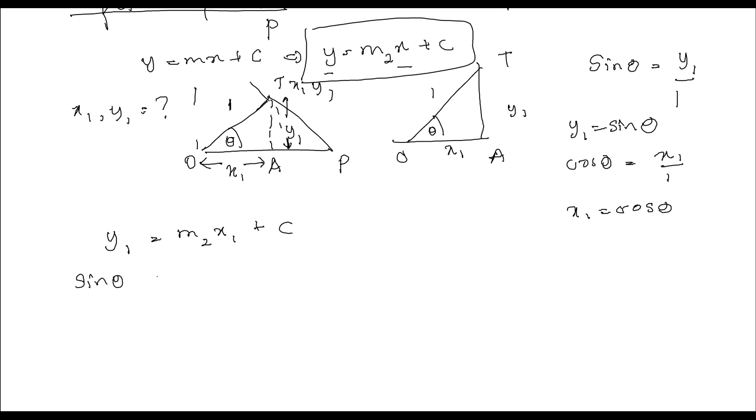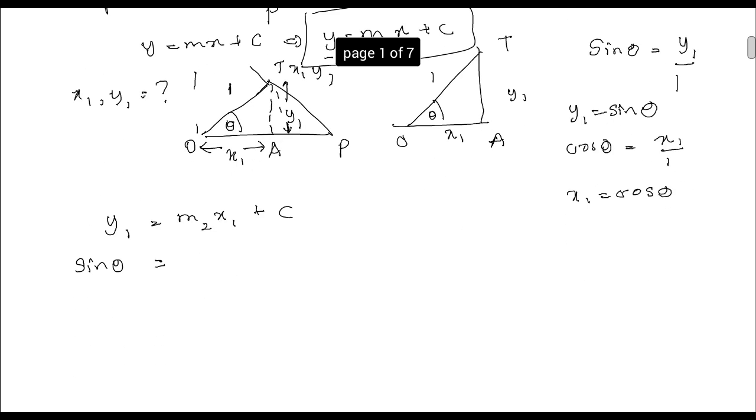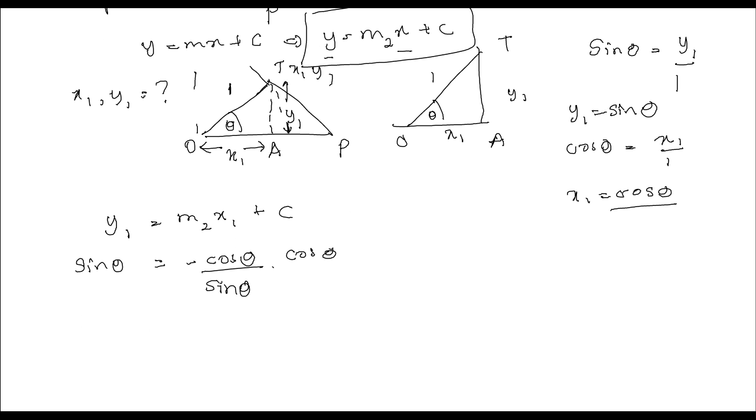Sine theta equals m2, which I already found before, which is minus cos theta over sine theta. I can do that too. Minus cos theta over sine theta, x1 is cos theta, plus c. Right?